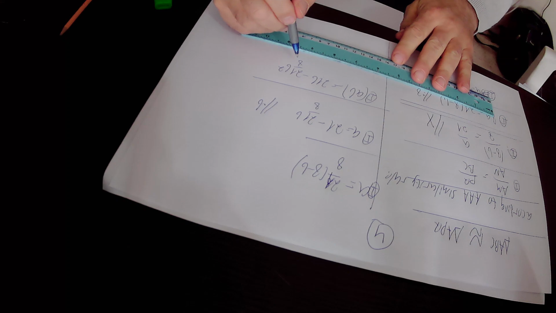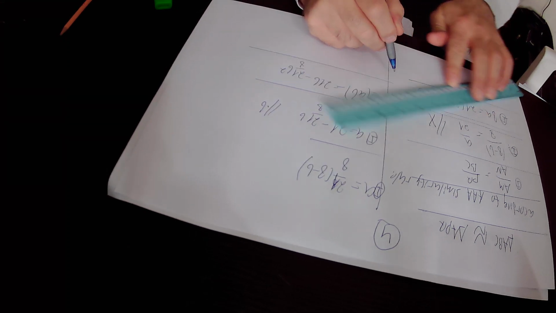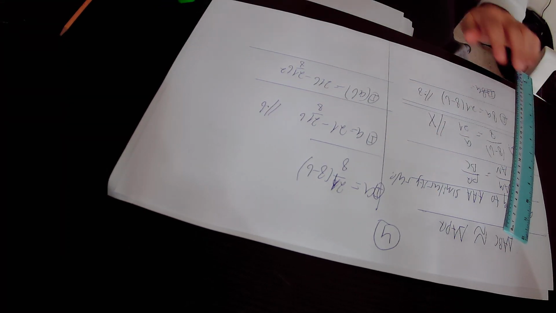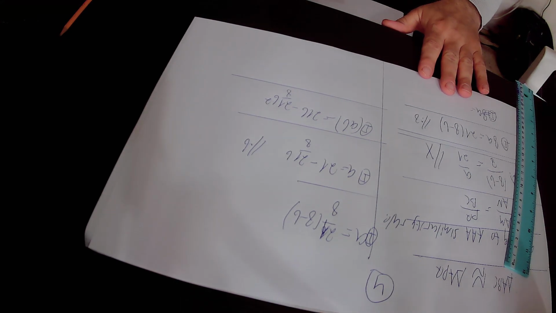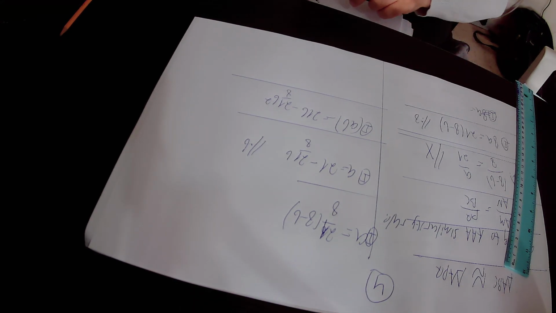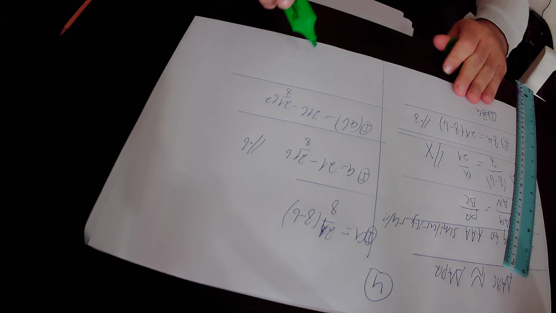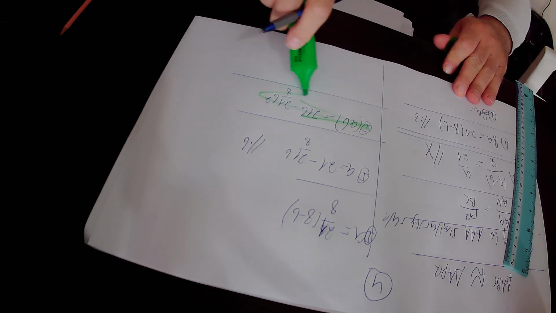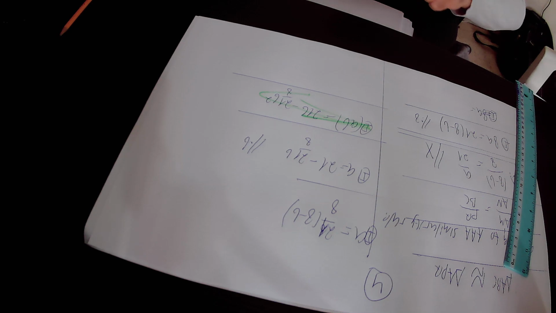So we found out that according to equation 1, A times B equals 21B minus 21 over 8 times B squared.